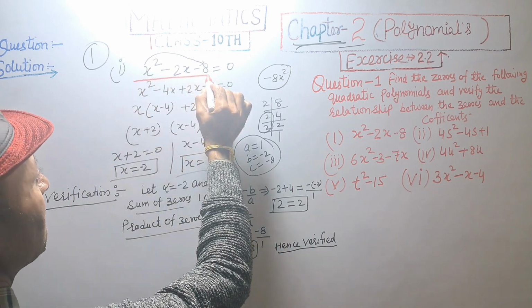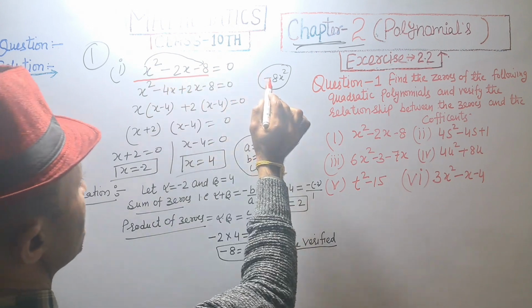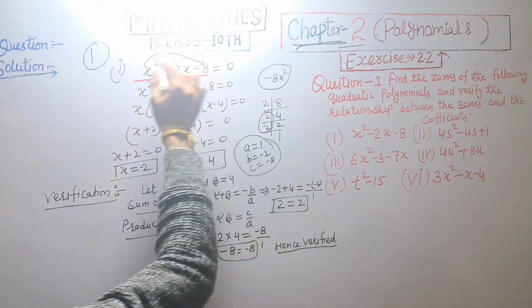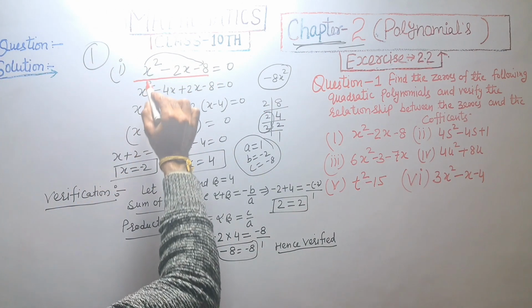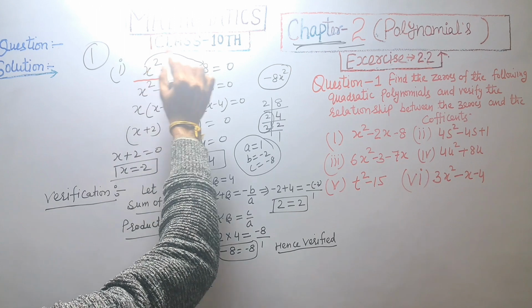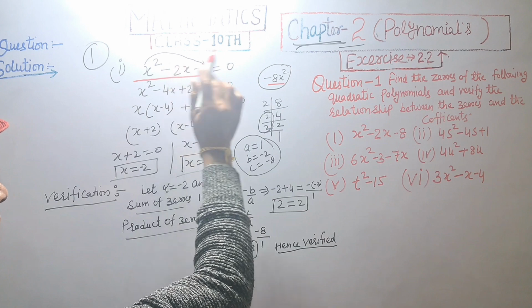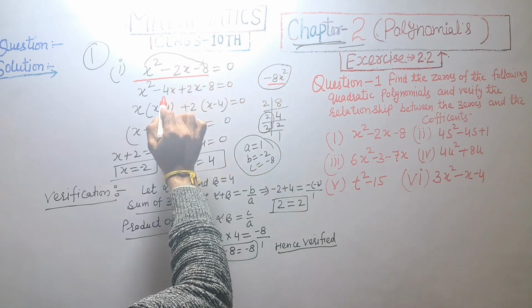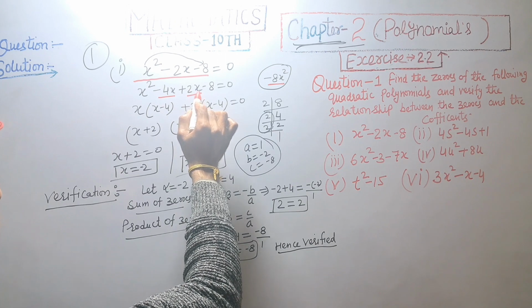Given polynomial is x square minus 2x minus 8 is equal to 0, and we find the zeros of this quadratic polynomial. Product of first and last is equal to minus 8x square, and we are splitting it into minus 4x plus 2x.